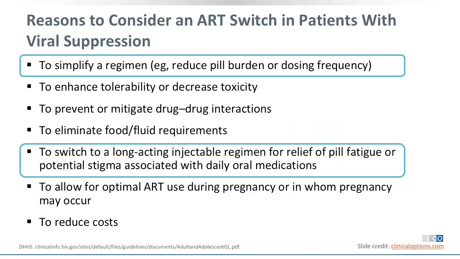There are a number of reasons that one might consider an antiretroviral therapy switch in a person that's already achieved viral suppression. Some of those reasons are summarized here from the DHHS guidelines. Notably, in the most recent iteration of the guidelines, there's an additional provision that one may consider switching to a long-acting injectable regimen for reasons of pill fatigue or to try to reduce potential stigma associated with daily oral medications.